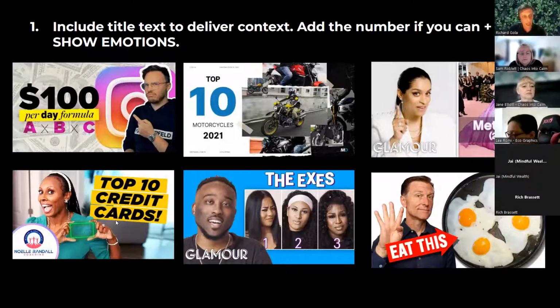Top 10 credit cards, as you can see here, she's happy. Additionally, the creator of the thumbnail added a small rectangle over here, so we know not only from the titles that the video will be talking about credit cards, but from the visuals also. And she also has nice branding on the left bottom corner.